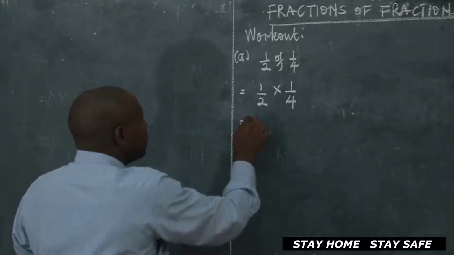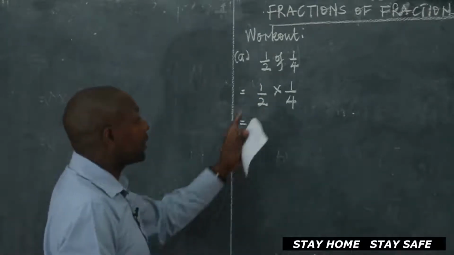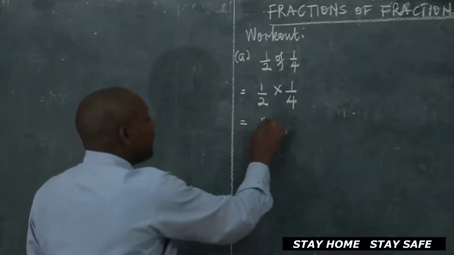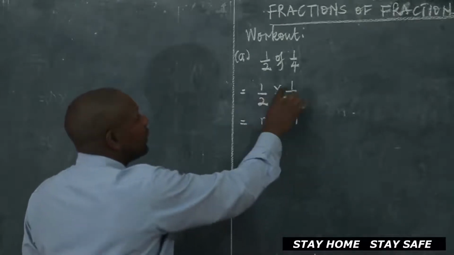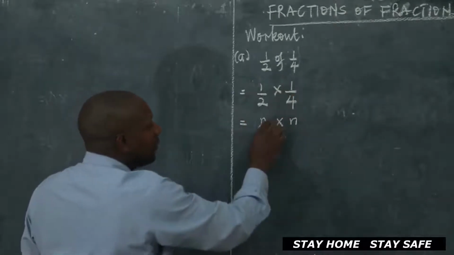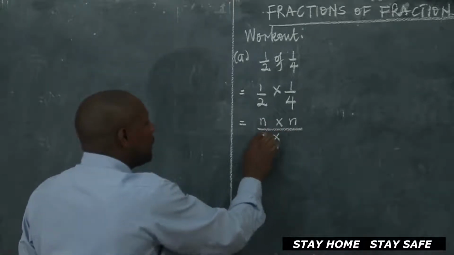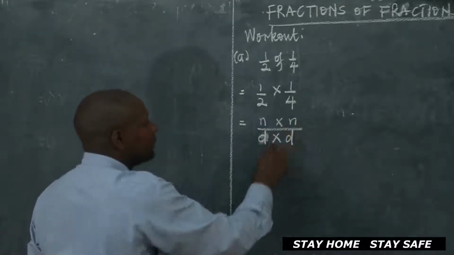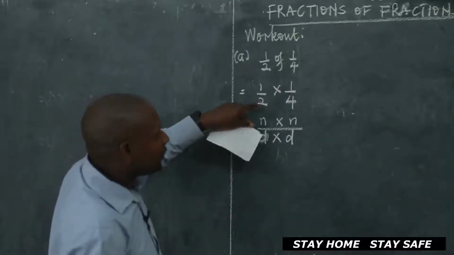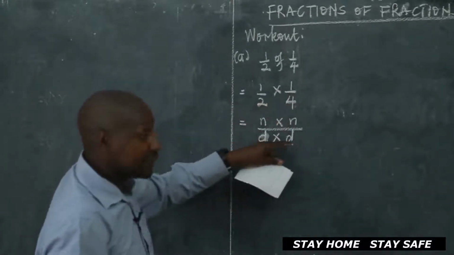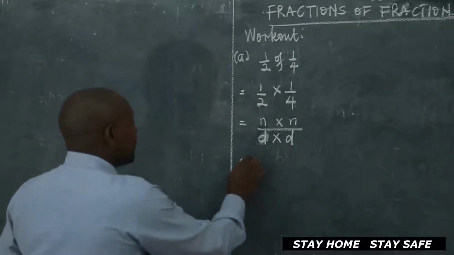From here we said, to multiply a fraction by a fraction, let's have a numerator times a numerator, as we said, here we have 1 and 1, out of a denominator times a denominator. We have 2 and 4. Those are denominators, okay? Then let's substitute.